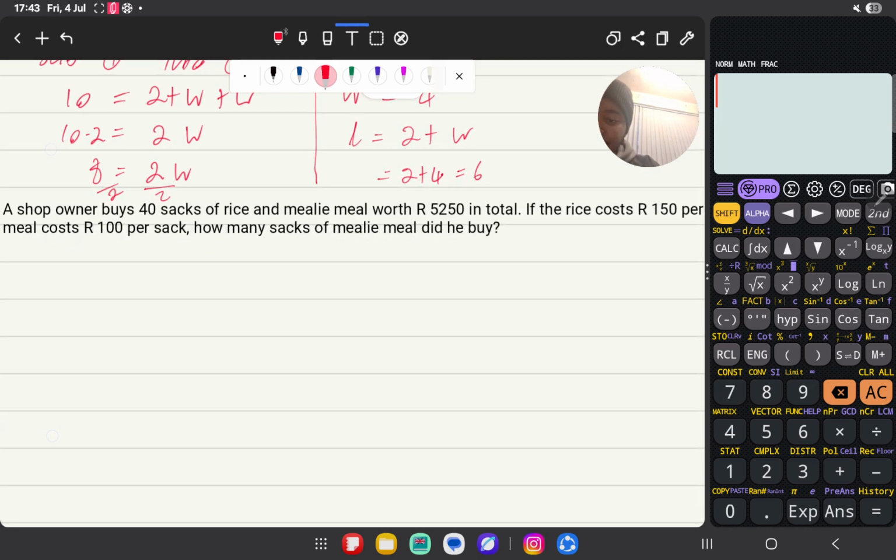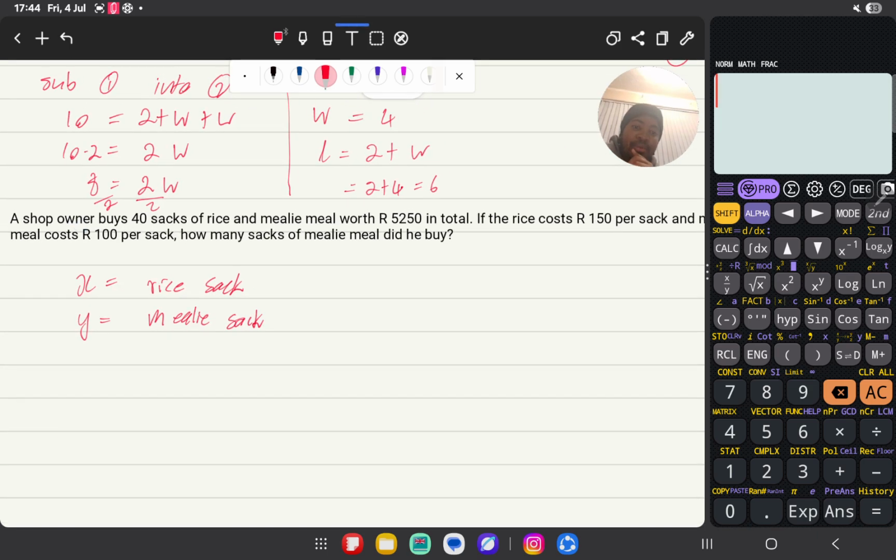So say x is the rice sack, and y is the milli sack.